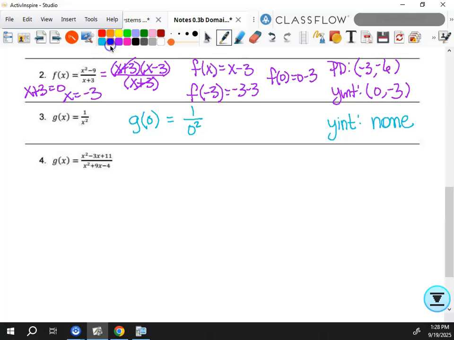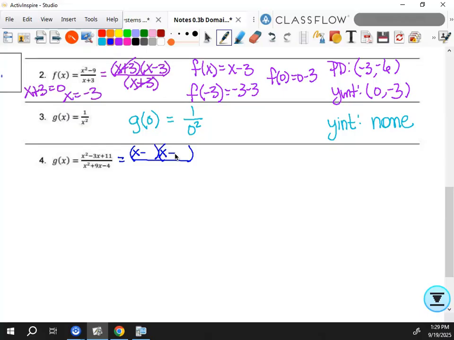So let's factor this numerator. I have x, and the signs would have to be the same. They both have to be negative. What are two numbers that multiply to give me 11 that combine to give me -3?